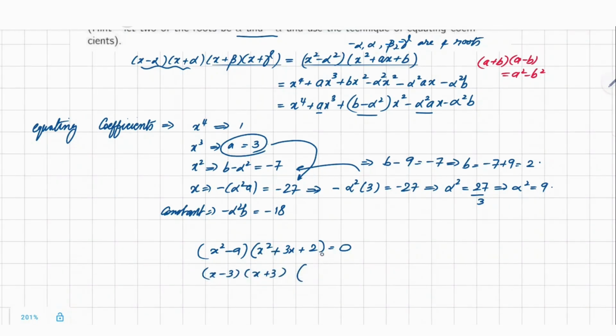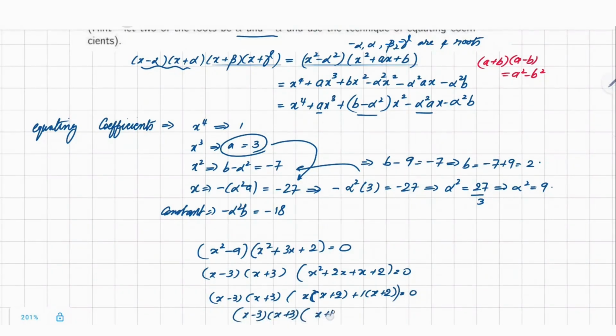We can split the middle term for the second factor. We have x squared plus 2x plus x plus 2 equals 0. We have x times x plus 2 plus 1 times x plus 2 equals 0. That's x minus 3 times x plus 3 times x plus 1 times x plus 2 equals 0, which is our final answer.